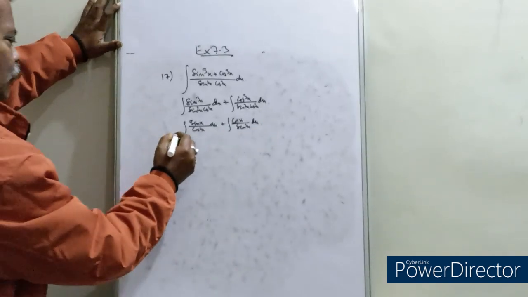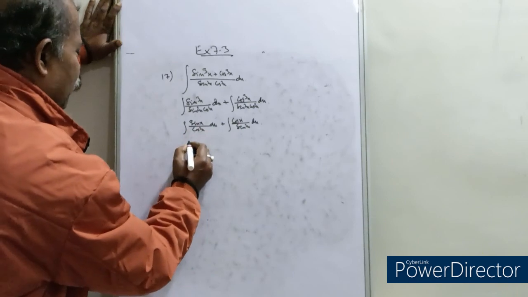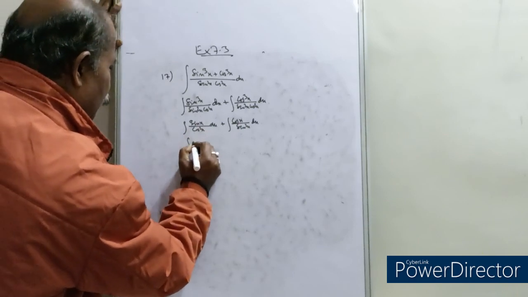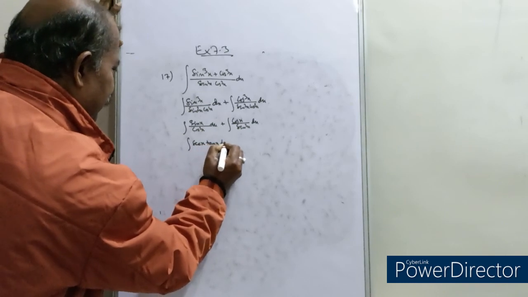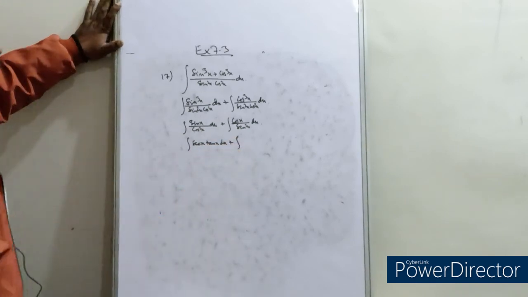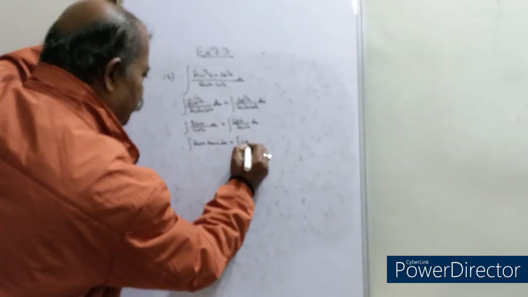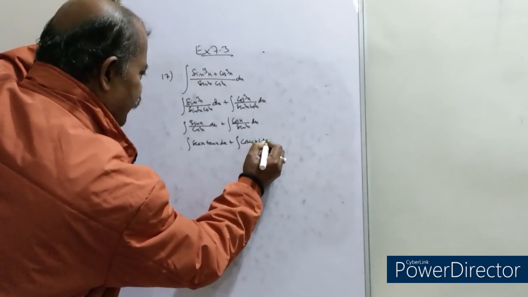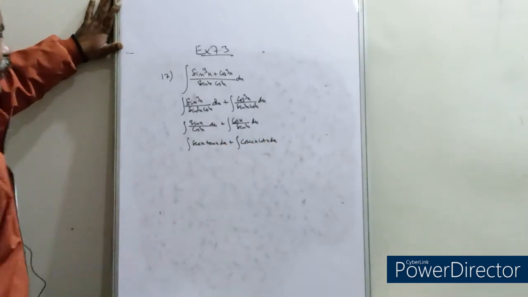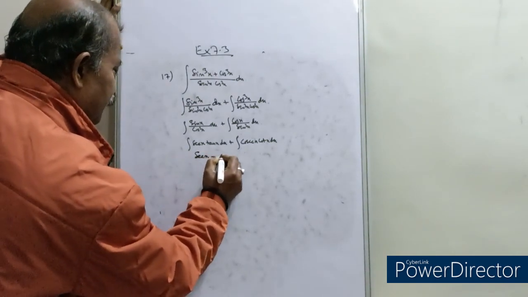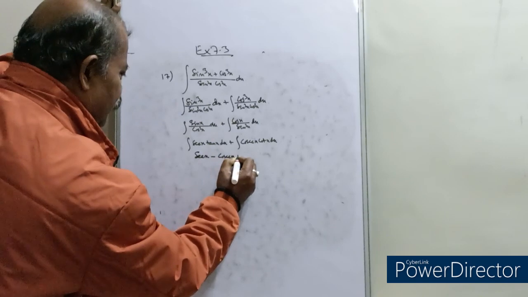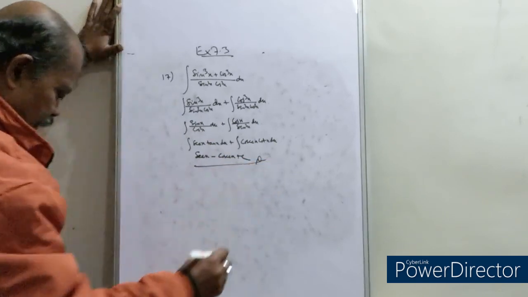This comes out to be sin x by cos x, that is tan x, so sec x tan x dx, and cosec x cot x dx. The integration of sec x tan x is sec x, and the integration of the other is minus cosec x plus c. So this is your answer.